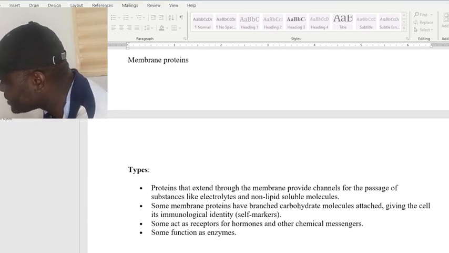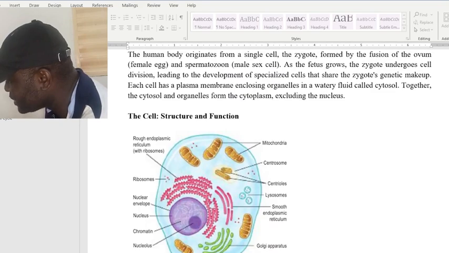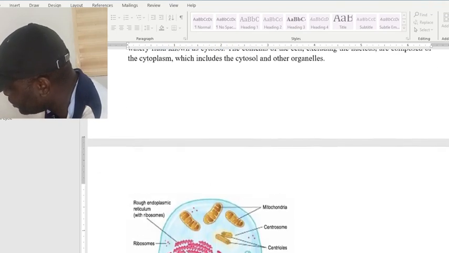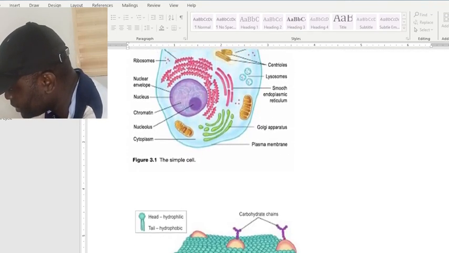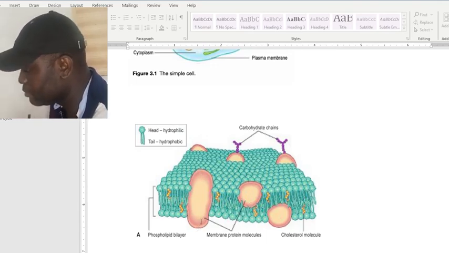This is a transmembrane protein. This other one is not a transmembrane, but this one is a transmembrane. It starts from the outside of the plasma membrane to the inside.